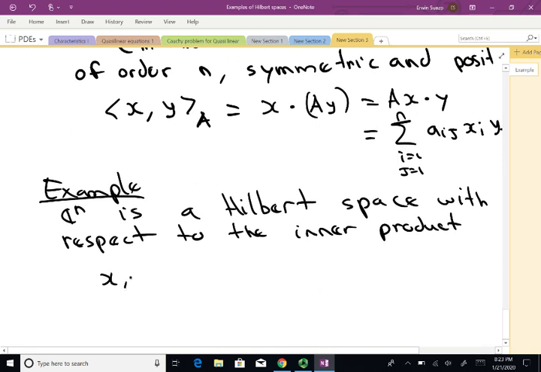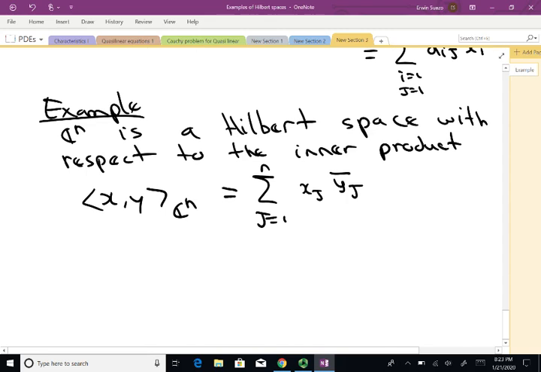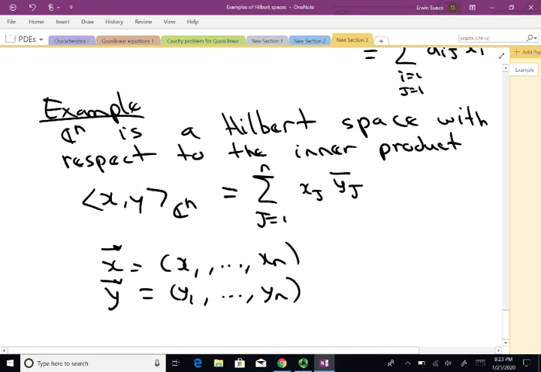You get the multiplication of the two guys here, and then the sum is going to be xj times yj conjugate. Then you have x equals x1 to xn, and y, so this is one vector, this is another vector, y1 to yn.